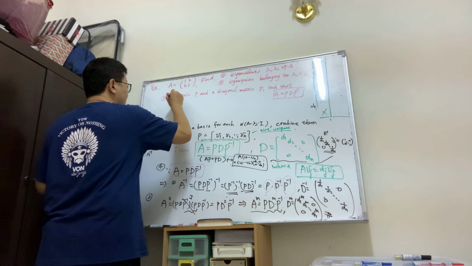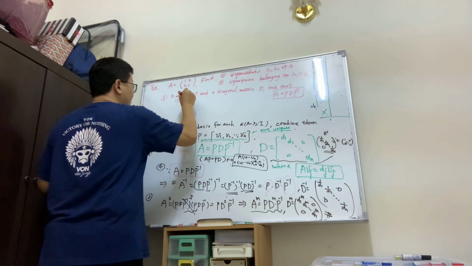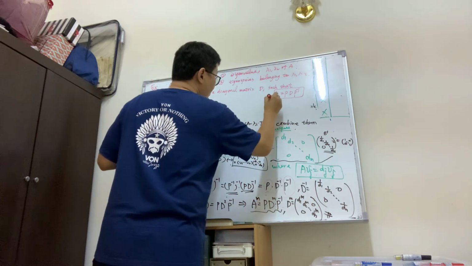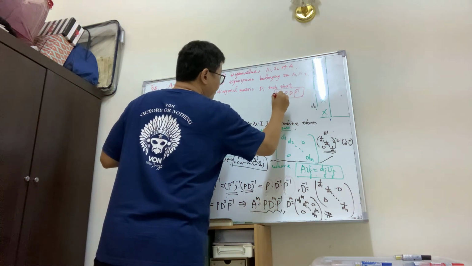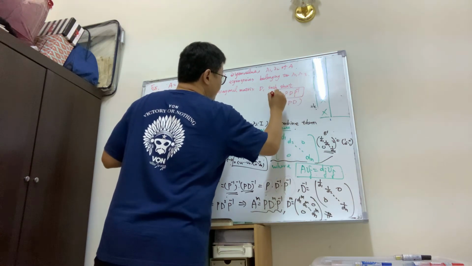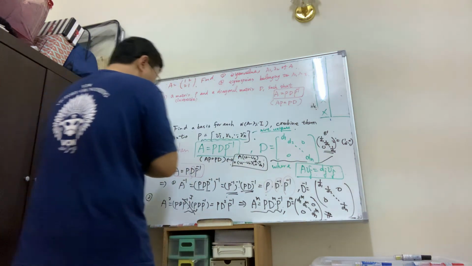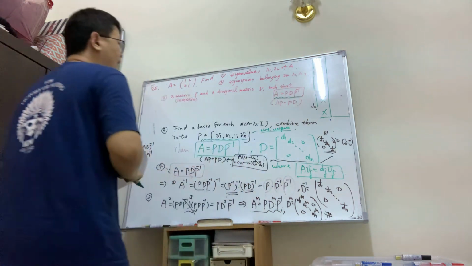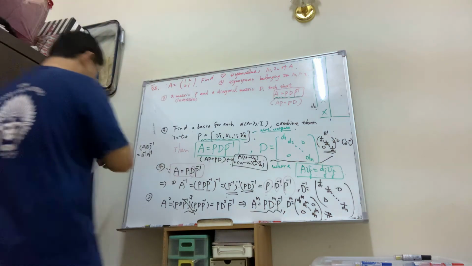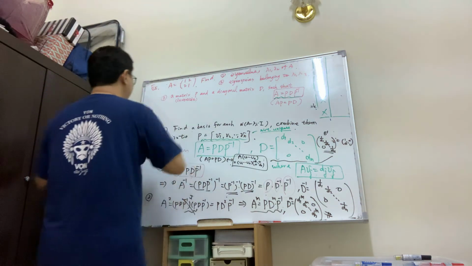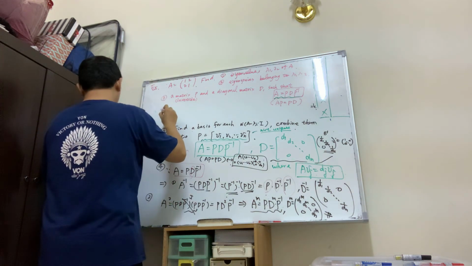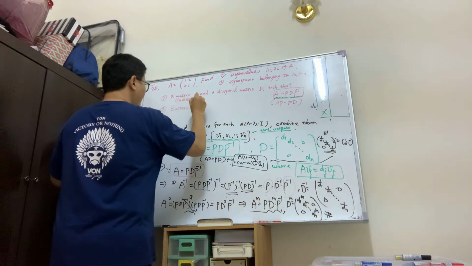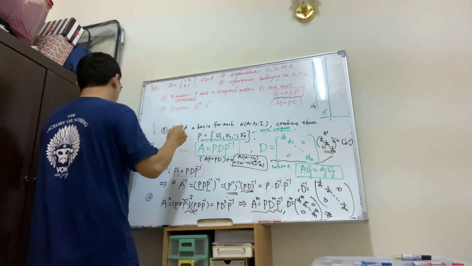And it also means you could multiply by P on both sides. But we will probably use this form because it exactly means that A is similar to D. A and D are similar. And the last one, we should express A to the power of n and A to the power of -1 in terms of P and D.